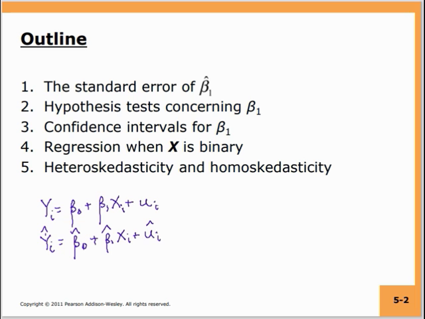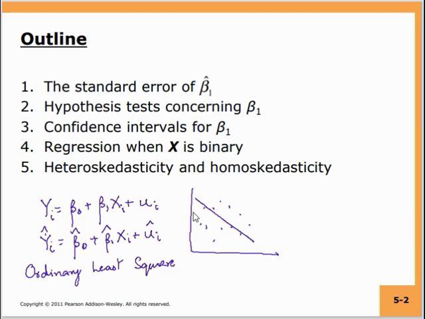Then we had said this estimation is done by means of ordinary least squares estimation, where basically we tried to minimize the sum of squared errors, or we tried to fit a line that would pass through the middle of a cloud of points, and we tried to find the slope and the intercept of this line, which would give the best representative of the typical relationship between y and x.